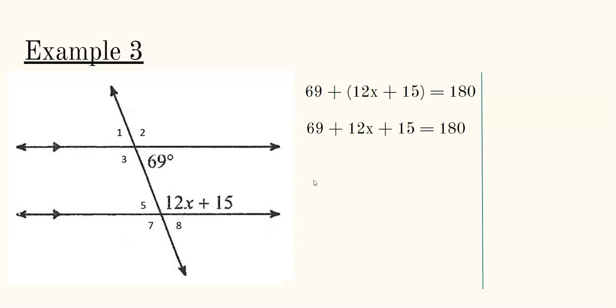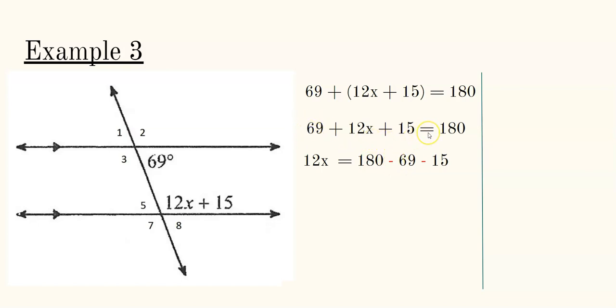And so from here, now let's go ahead and sort it out. So it looks like 12x is the only one that has an x. And so that means that's going to stay on this side of the equal sign. So 69 and 15 will have to come onto the other side of the equal sign and join the 180. So if I bring the 69 over, it becomes a negative because it was a positive currently.